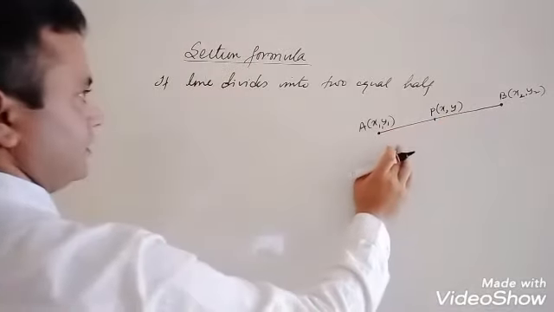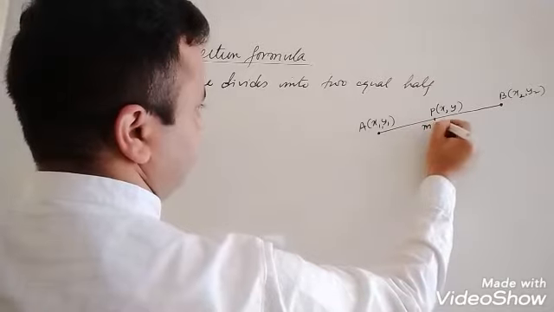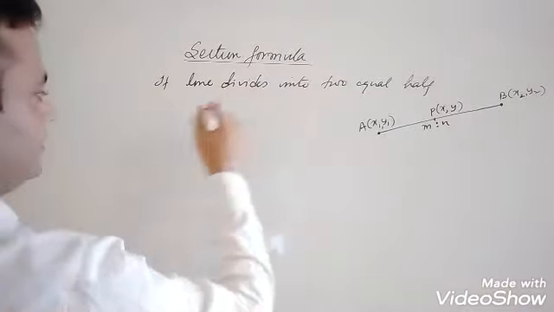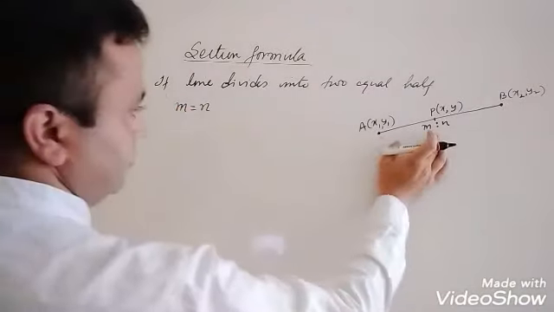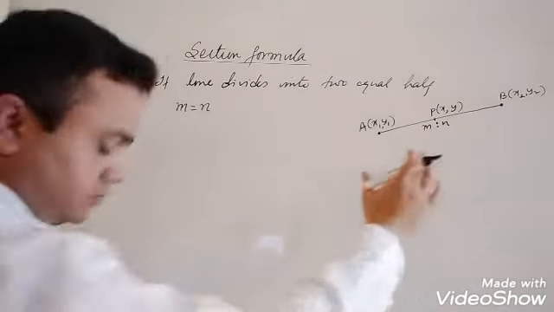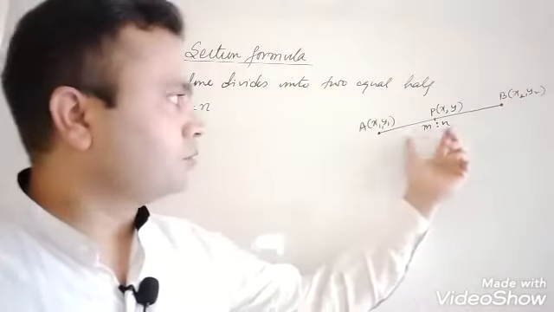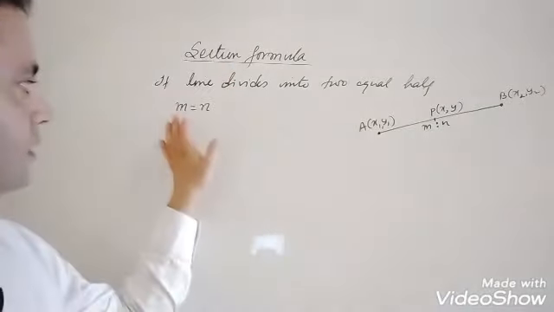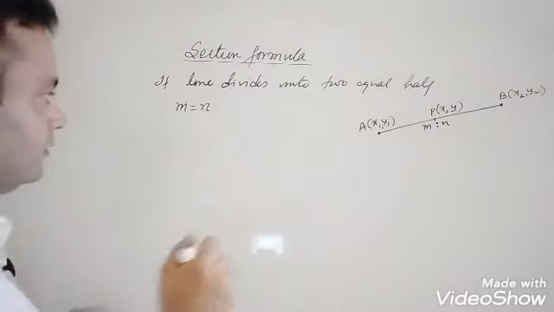The line divides in the m is to n ratio, and in this case m equals n because AP equals PB. So we can write m equals n.